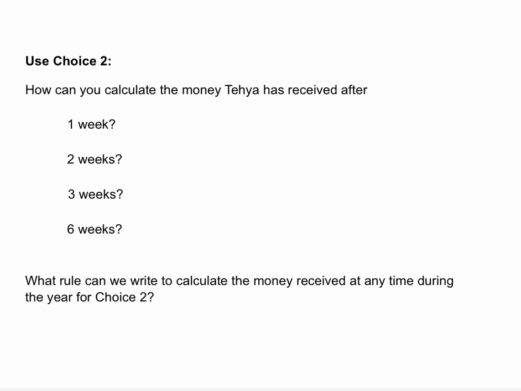Now let's do choice two. This one's a little bit tougher because remember it was $400 up front and then $12 per week. Okay, so it's going to be 400. Remember, we're trying to find how much money after week one. So 400 plus 12 times 1.